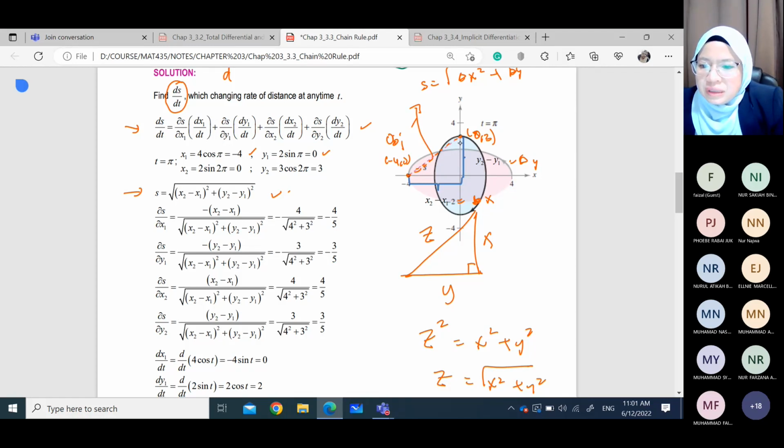Now we have this, which looks like a triangle with 90 degrees, so we can apply the Pythagoras theorem in this case.